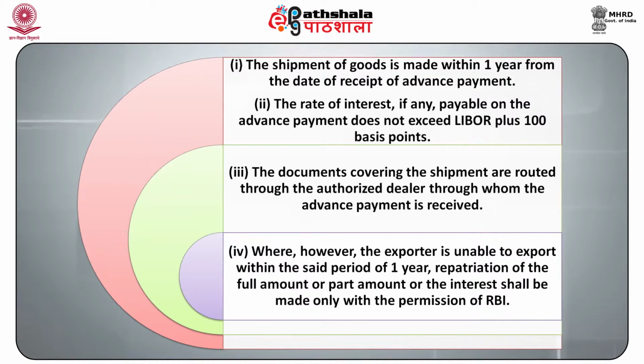Third, the documents covering the shipment are routed through the authorized dealer through whom the advance payment is received. Fourth, where however the exporter is unable to export within the set period of 1 year, repatriation of the full amount or part amount or the interest shall be made only with the permission of RBI.